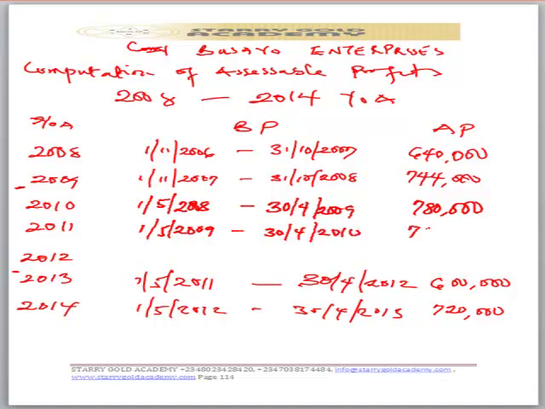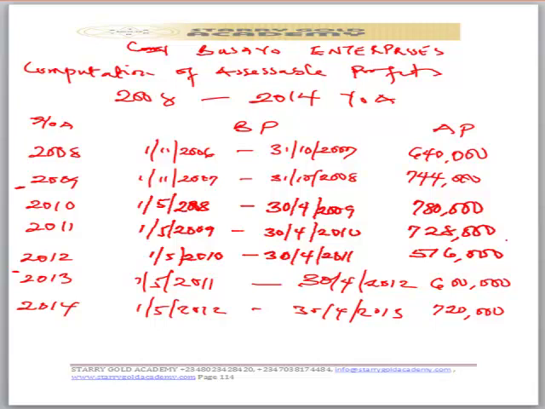That one was 728,000. And here we have 1/5/2010 to 31/4/2011, which was 516,000. With this, you have filled in all the tables and you will get all your full marks.